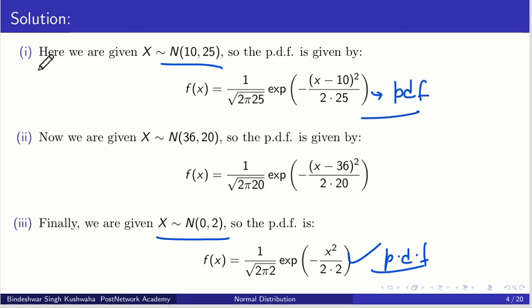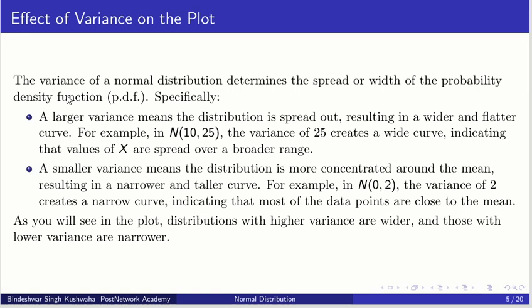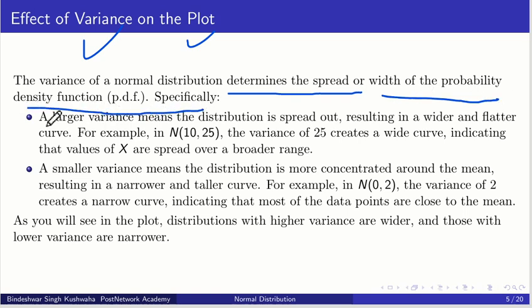Now let us see another kind of problem. Before proceeding, let us understand the effect of variance on the plot. The variance of a normal distribution determines the spread or width of the probability density function. A larger variance means the distribution is spread out.